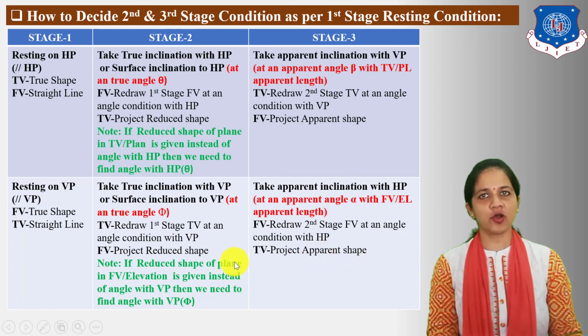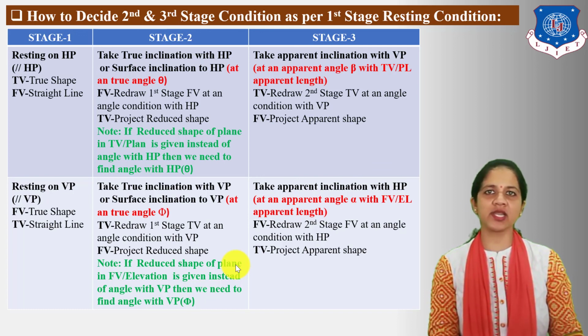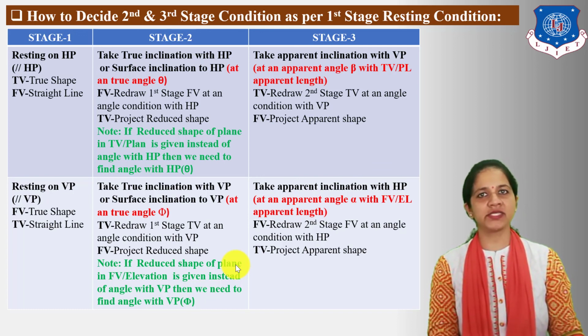So for solving any problem, you have to remember, if any plane rests on HP, then in the second stage take the angle condition with HP, which is the true angle theta, and in the third stage take the apparent angle condition with VP, which is beta.